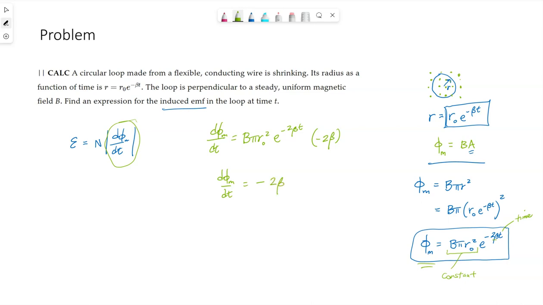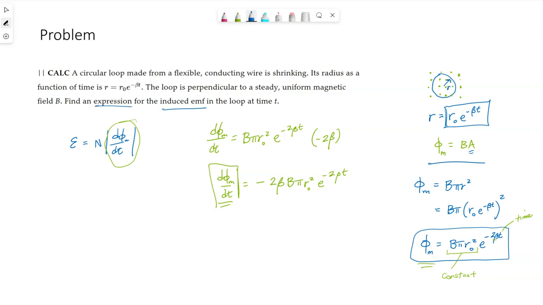Beta represents a constant. It's going to represent how quickly this radius is decreasing, and it represents something different than B. B is the strength of our magnetic field. So this flux is going to be changing with time still. This is the rate at which the flux is changing.